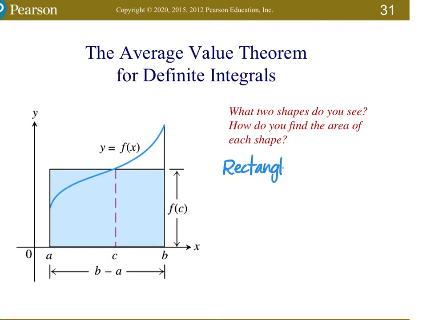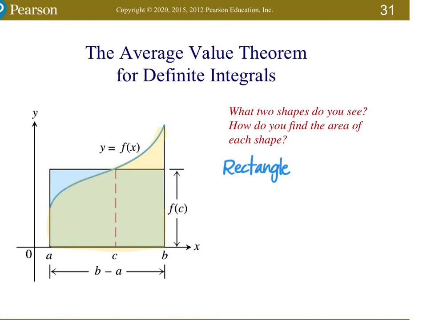But I would also challenge you to look and see a more non-traditional shape, the shape here that follows under the curve and then comes down. So the difference between those two shapes, the missing area, the area of one cancels out the area of the other.